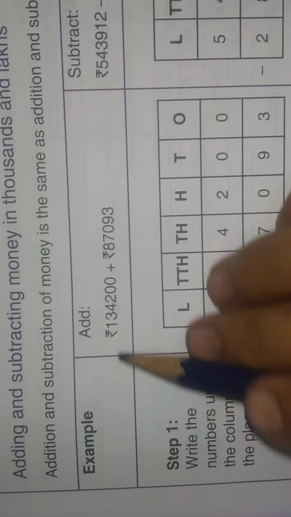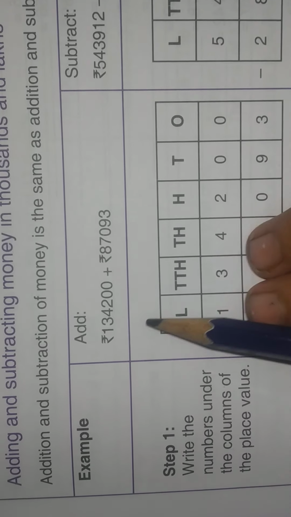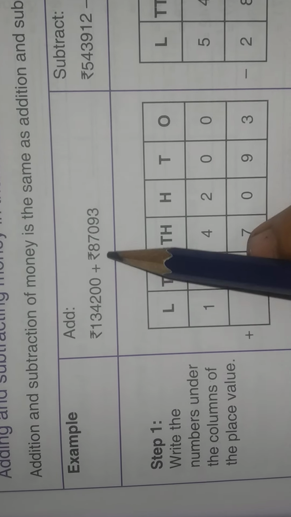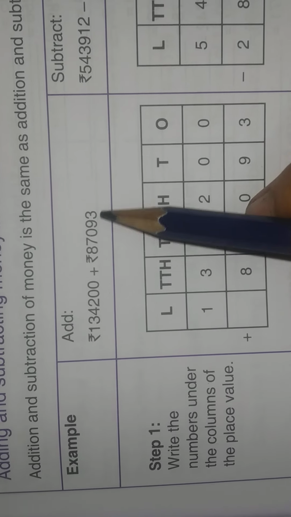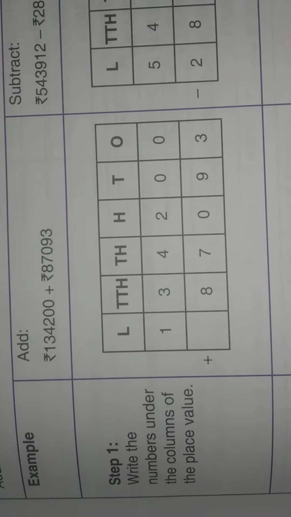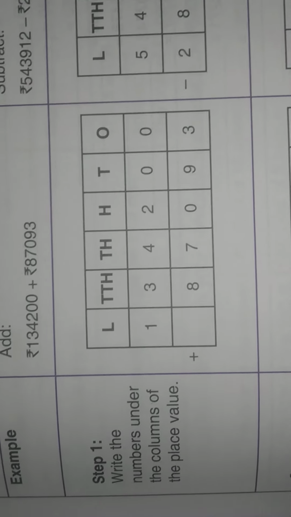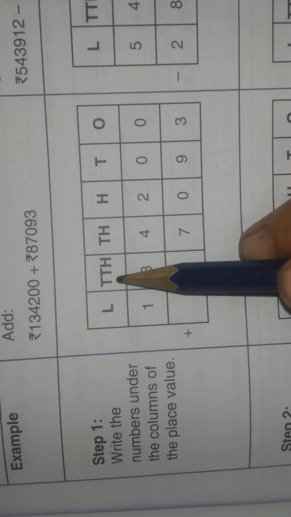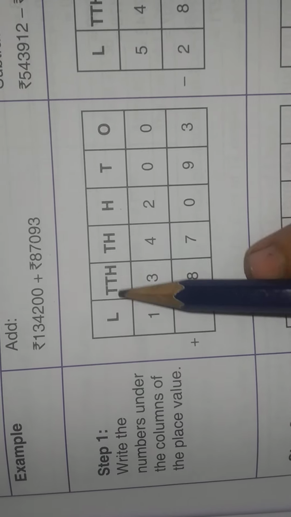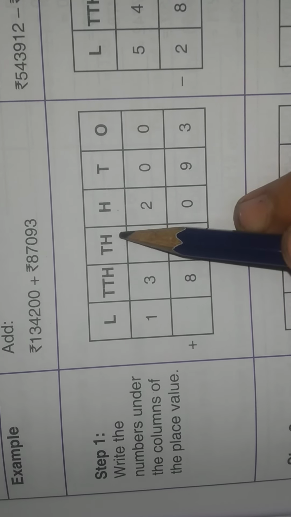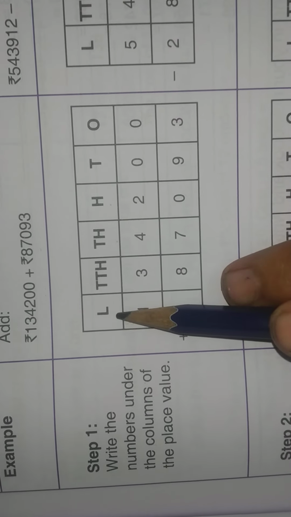For example, add 1,34,200 plus 8,70,093. So in step 1, what we have to do here? Ones, tens, hundreds, thousands, 10,000s and lakhs is there.